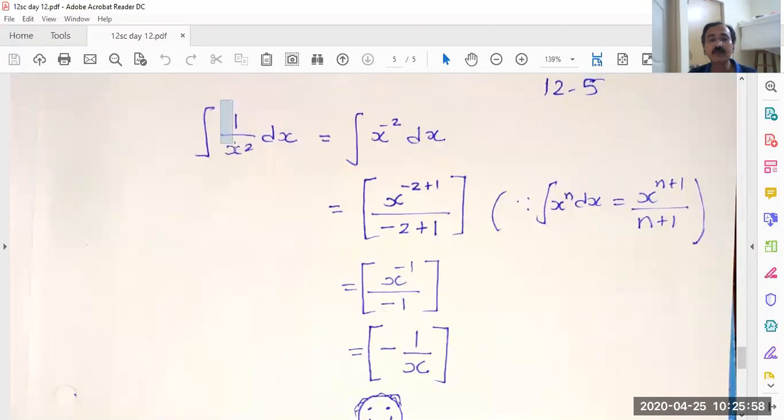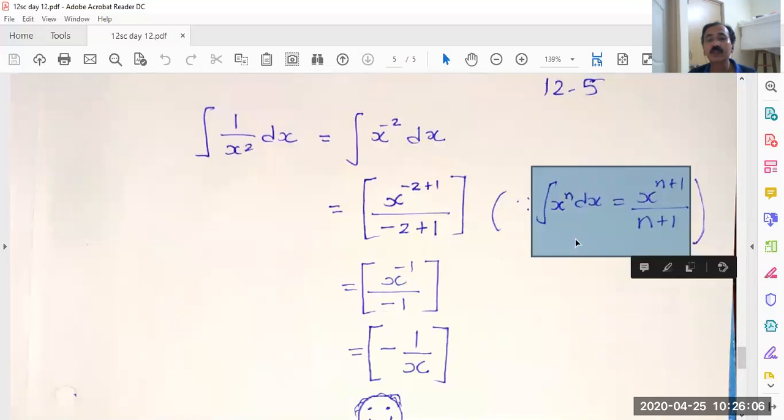So 1 by x square can be written as x raised to minus 2. Now we had this rule of integration. If you have integration of x raised to n dx, you can write x raised to n plus 1 divided by n plus 1.